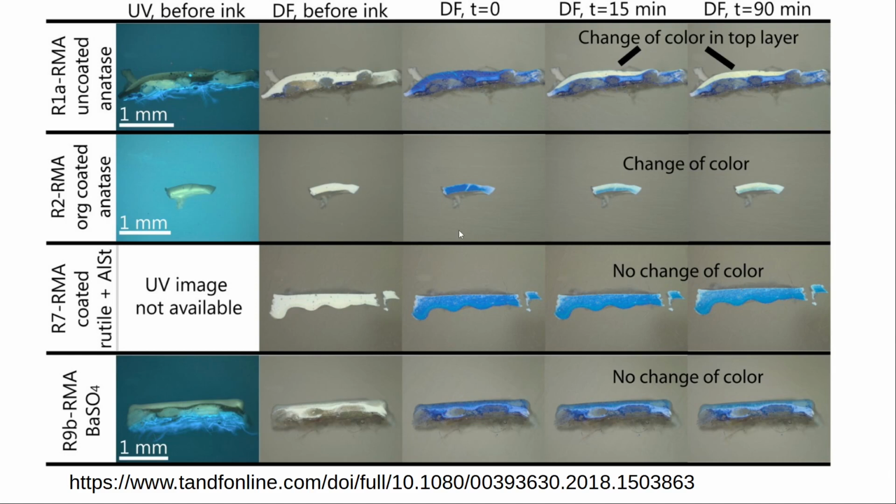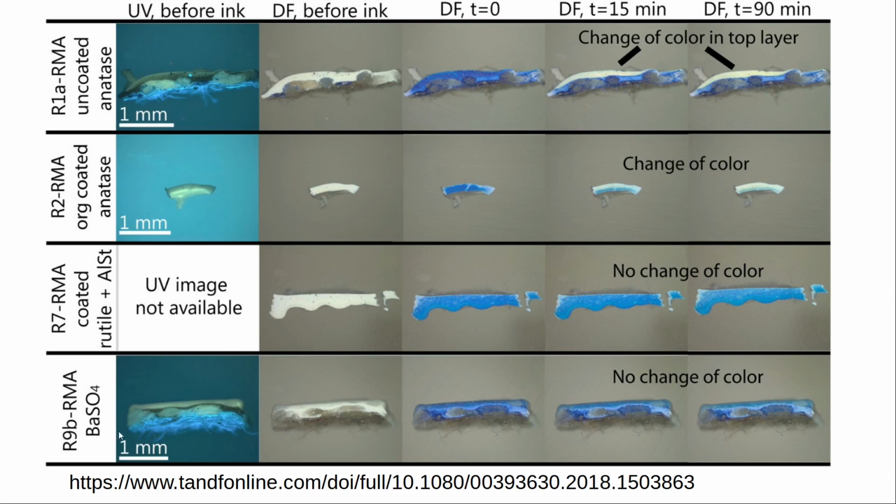When they've now placed these four strips in UV light, that's like sunlight, but it's UV from a lamp, you can see after 50 minutes the color has already changed, and after 90 minutes it has changed further. In the case of the rutile, there is no color change.